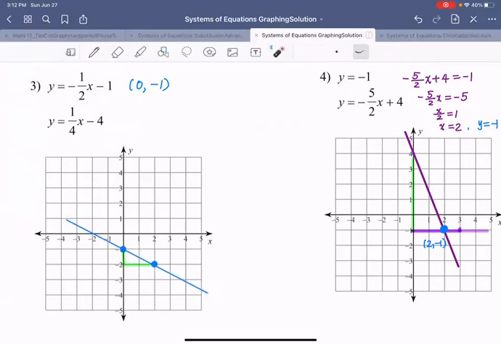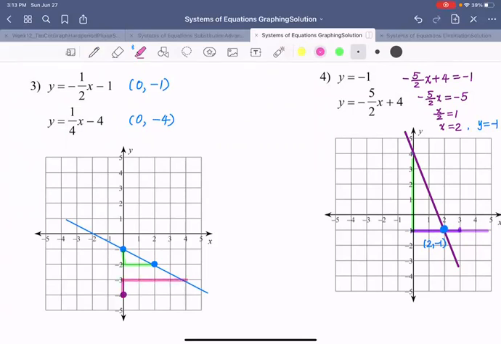Now let's do the other one. Tell me the y-intercept. (0, -4). Rise over the run. 1/4. You rise by 1, you run by 4.